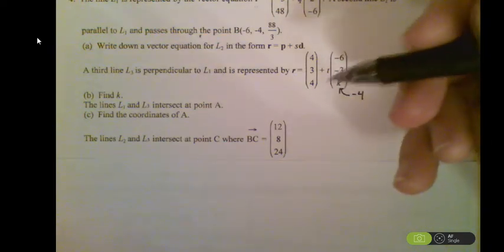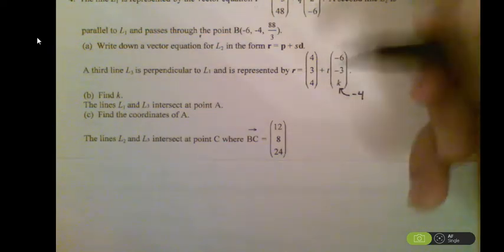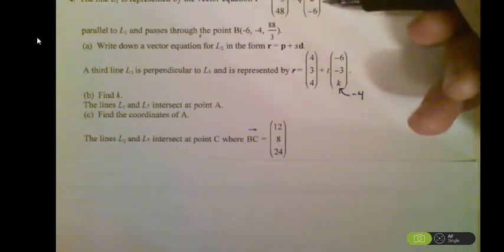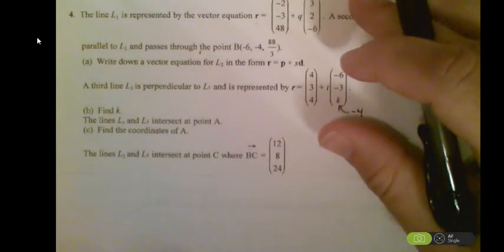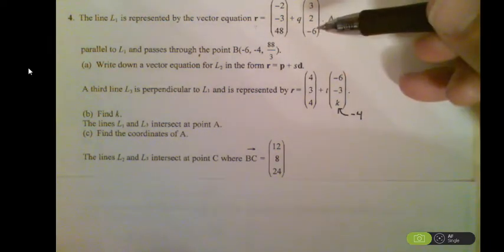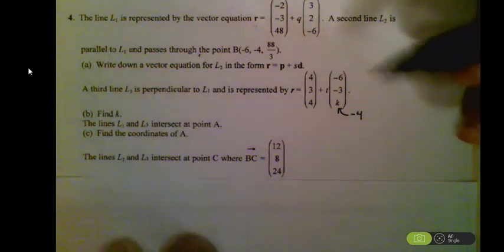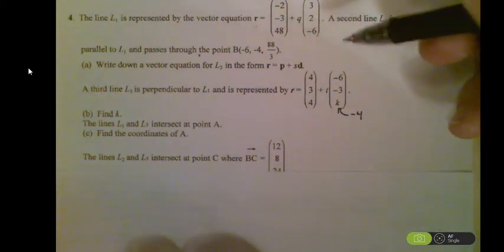So I'm going to take my line 1, which we had way back up here. So line 1 was this guy. There we go. So I'm setting this one equal to this one. And the way we've done this in the past is, remember, you got to come out with either q or t.